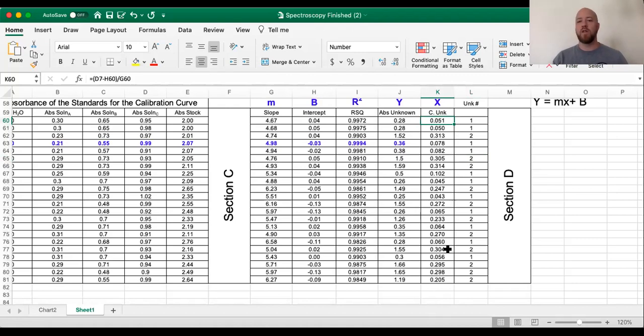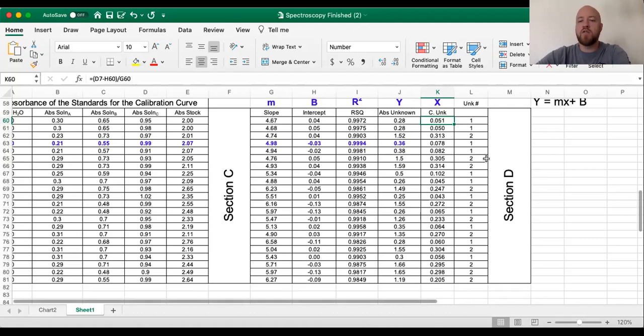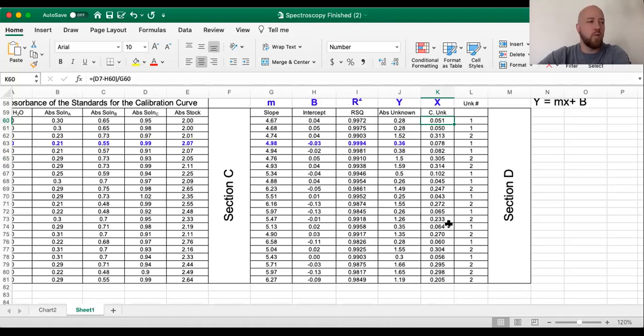If you say unknown number one is 0.151 and that's not what I got, then you would be wrong. Again, you're trying to get as close to the real number as possible. So I want to know the concentration of unknown number one and the concentration of unknown number two. And then you just need to write the conclusion.